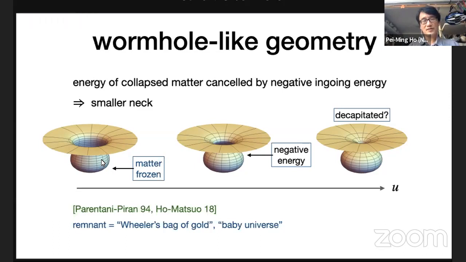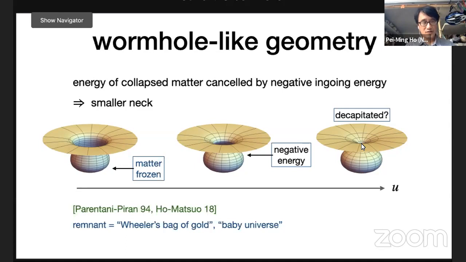The collapsing matter is still there, but you get more and more negative vacuum energy. As the total energy of the black hole gets smaller and smaller from the viewpoint of an outside observer, the neck should look smaller and smaller. So in the end, if you have a complete evaporation, the neck shrinks to zero.